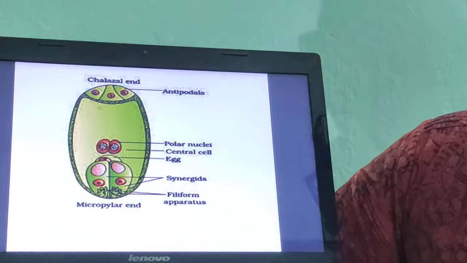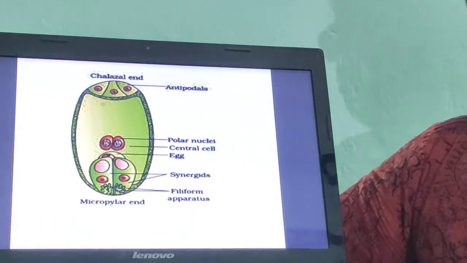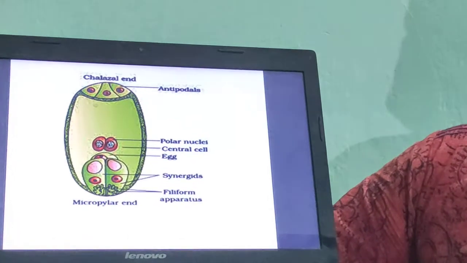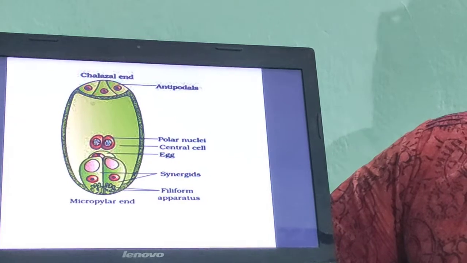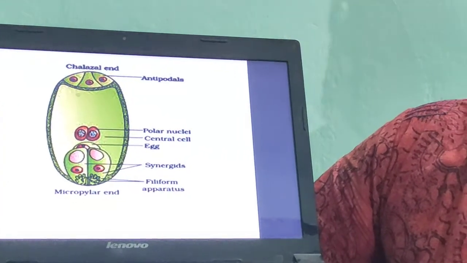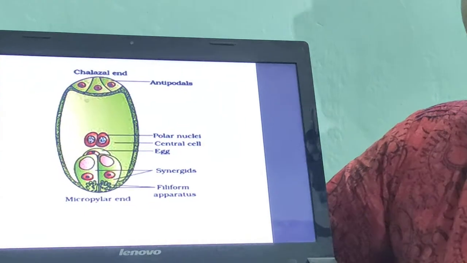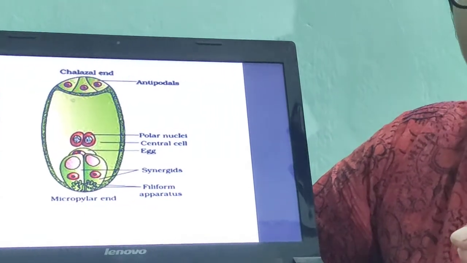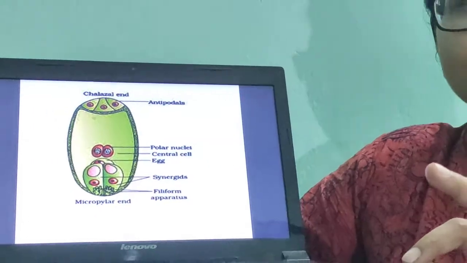Already I have explained that the embryo sac produced has 7 cells and 8 nuclei. How it is 7 cells and how it is 8 nuclei, I have already explained. Here I am only telling you what these 7 cells are and where they are present. Clear?